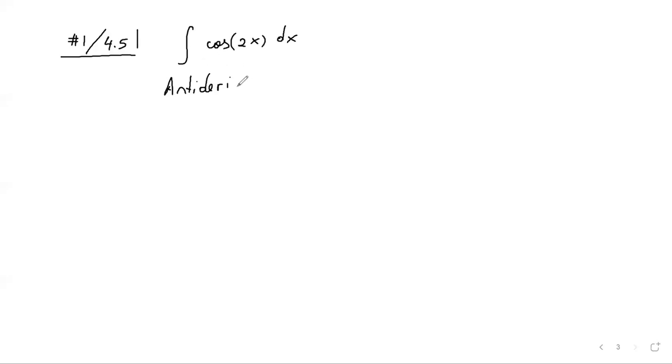This just means when you see these two symbols, the integral and the dx, antiderivative of cosine of 2x.